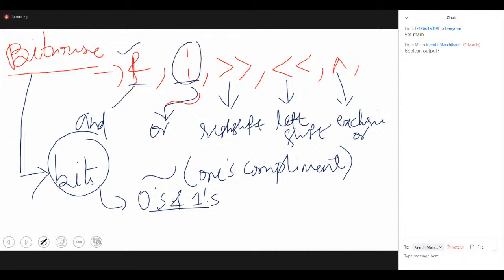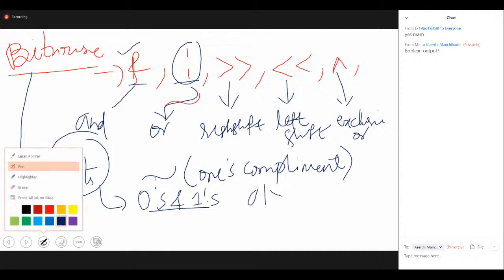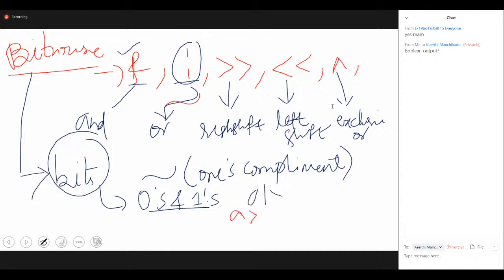But the difference between bitwise and logical AND is this. For example, I have a simple statement: A greater than B and A greater than C. Suppose I have an input of A as 4 and B as 20. When you are doing a logical AND, first this expression is evaluated.